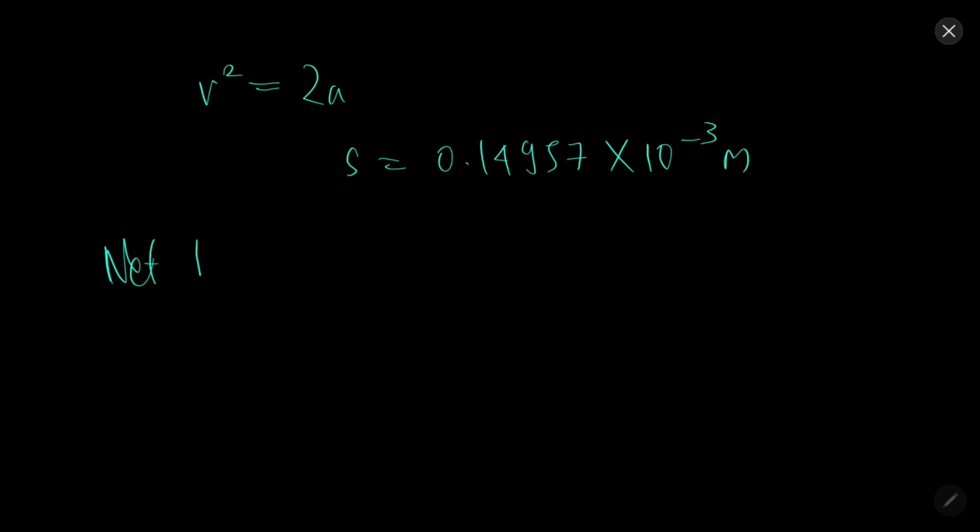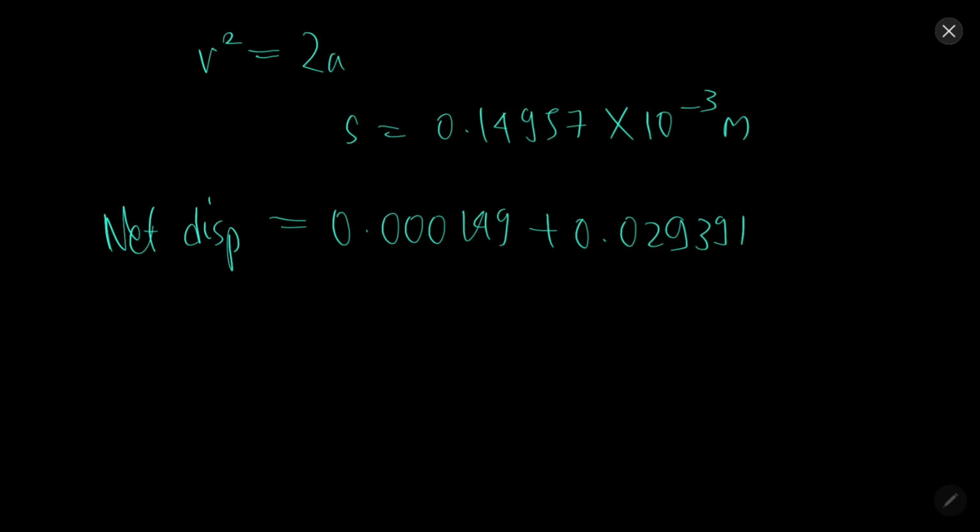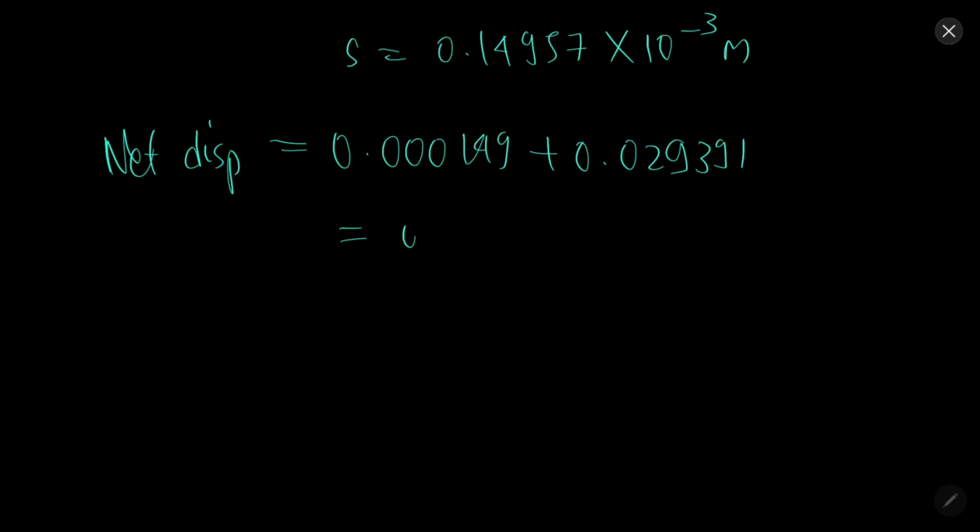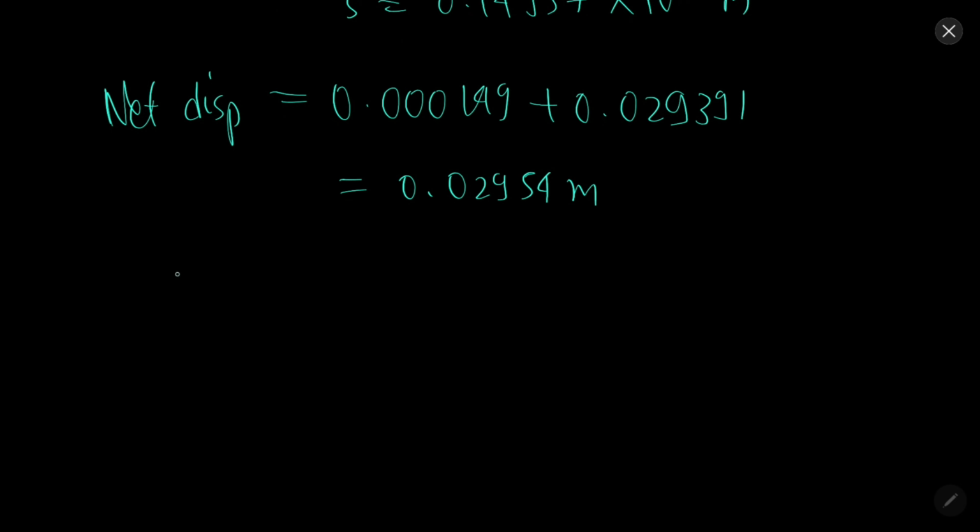So net displacement from line will be 0.000149 plus 0.029391. It will be around 0.02954 meters. And similarly we can do for Q41.